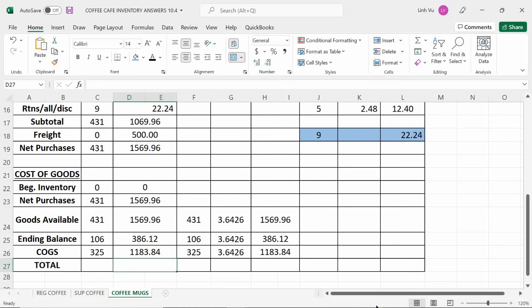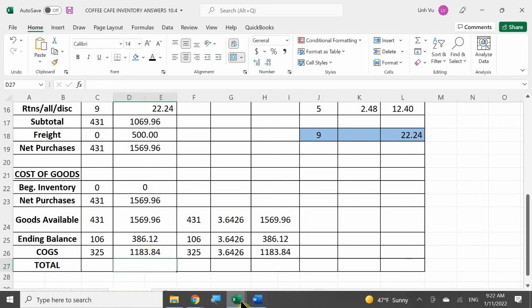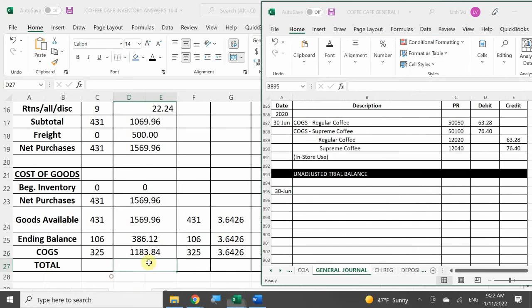All right. So do you guys remember how to do the periodic conversion entry? Because that's what we have to do next: we need to convert our periodic inventory and journalize the conversion entry.